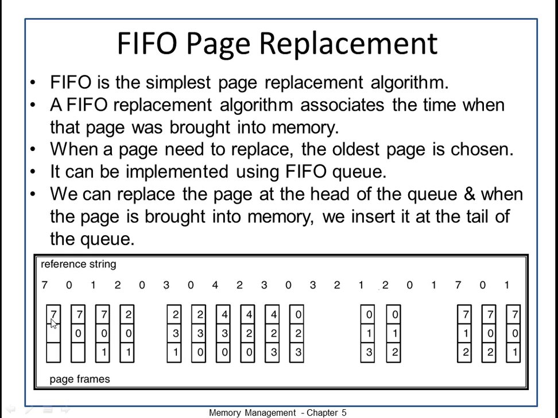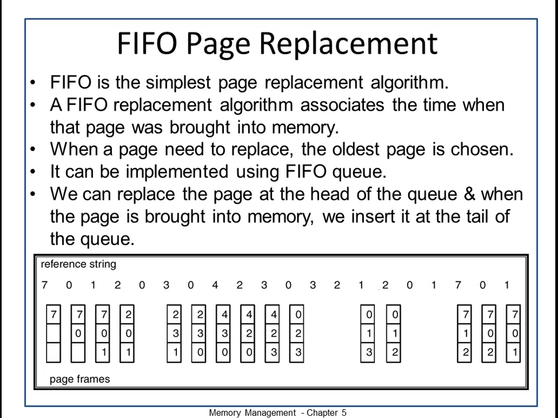And the frame size is 3, means at most we can store 3 pages in the main memory. So initially there will not be any page in the main memory, so it will be blank. After that, the first page required by the processor is 7. So it will be stored in the first frame of the main memory.